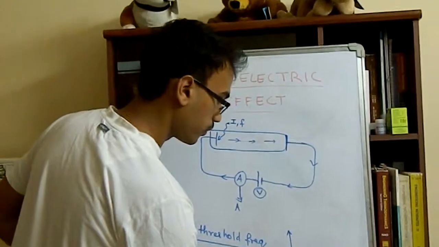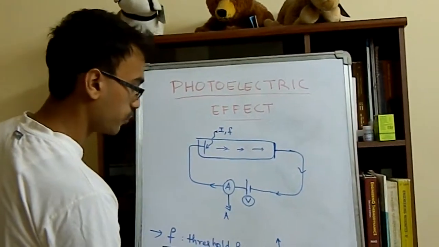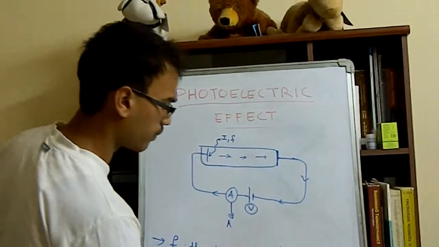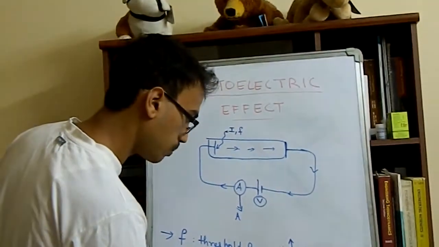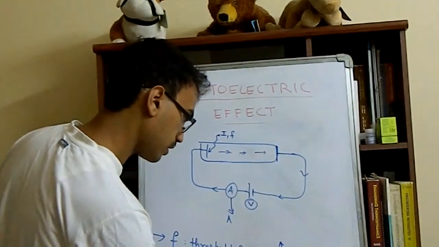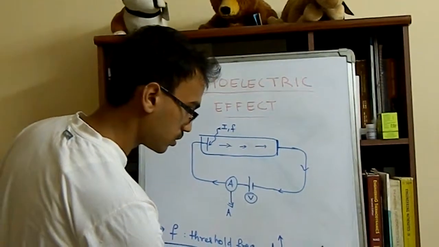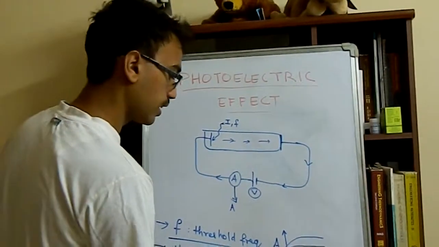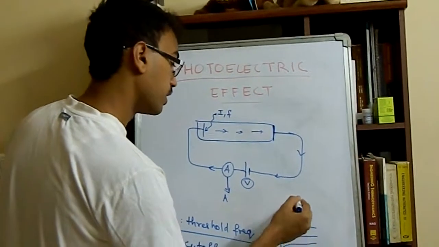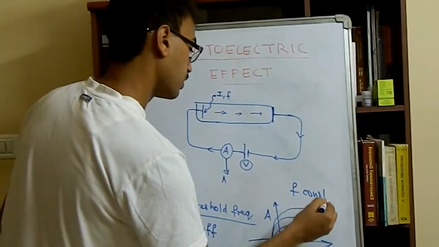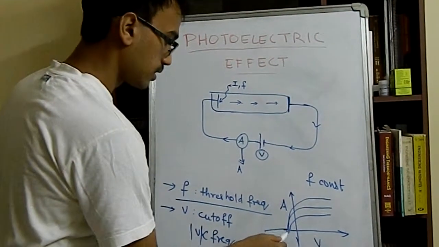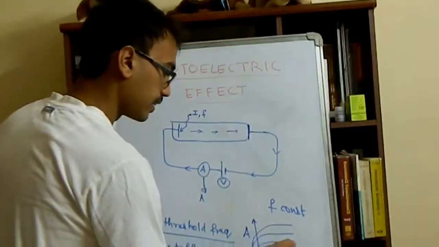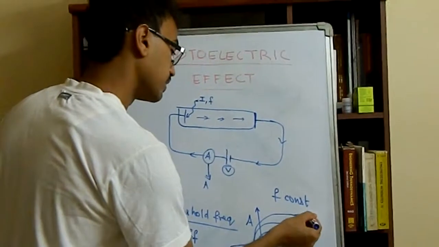If you see the plot of the photocurrent A versus the voltage V, the plot would look like this. These are plots where the frequency is constant. If the frequency is constant, there is a particular threshold frequency below which no photocurrent is observed, and these are successively increasing intensities.